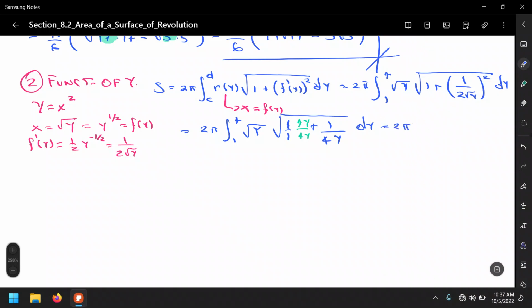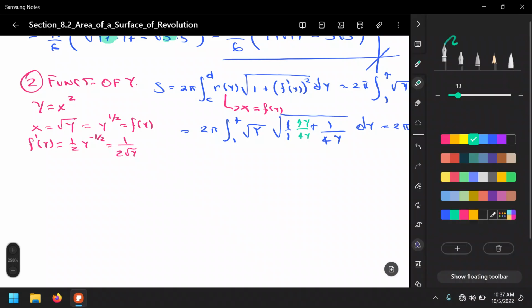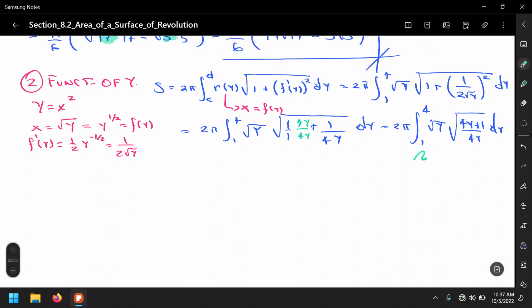So that's 2 pi integral from 1 to 4 of square root of y times square root of 4y plus 1, over 4y, with respect to y. Now that we have simplified this, we're going to use the product rule of radicals again. We have two radicals multiplying together: the radical of a times the radical of b is the single radical of the product ab, so I'm going to merge them into one single radical by this property.